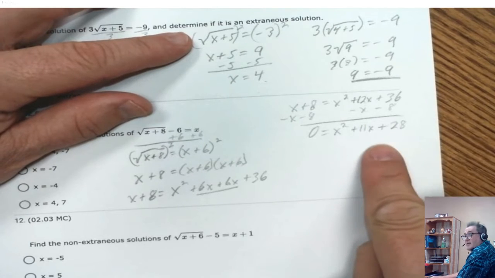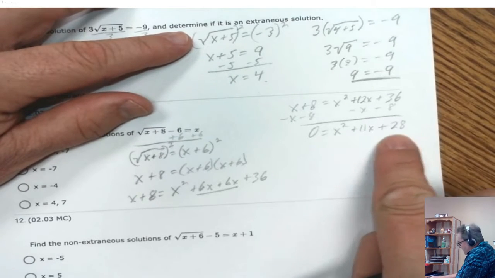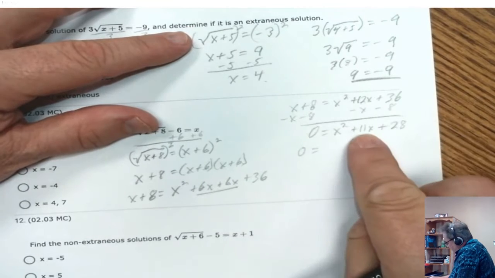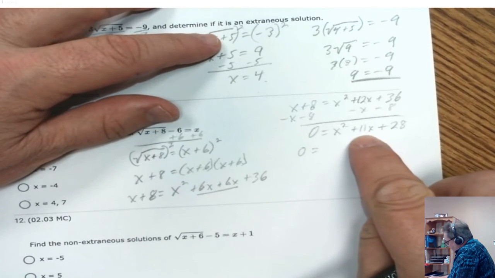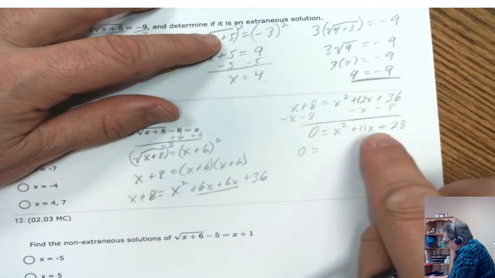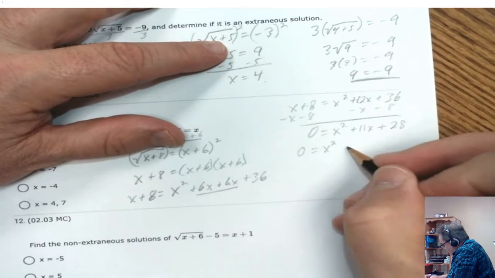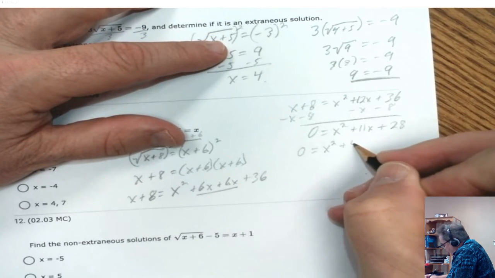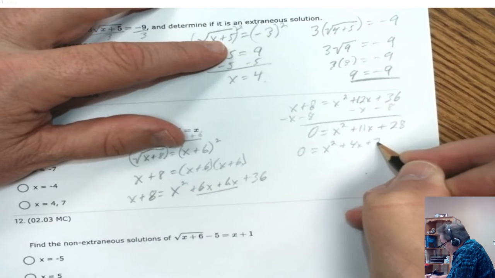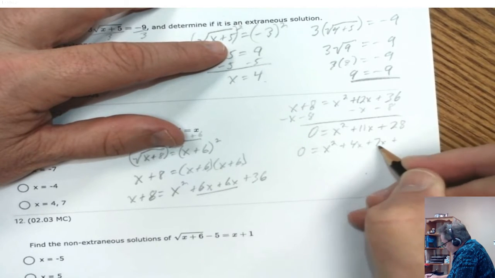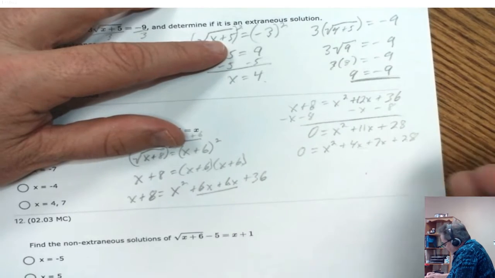Okay, we can use the quadratic formula if we like, or we can factor this, right? So factoring it, we need two numbers that multiply to be 28 and add to be 11, and these are all positive. So I see some of you factoring this way where we can break that into a 4x and a 7x, because those would add up to be 11, and they multiply to be 28.